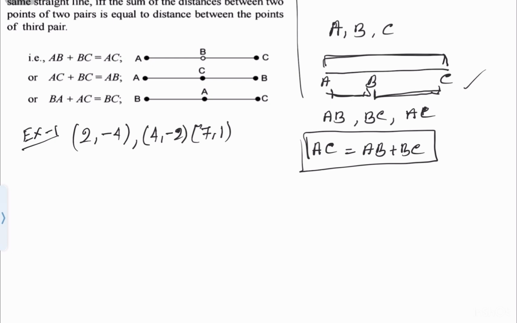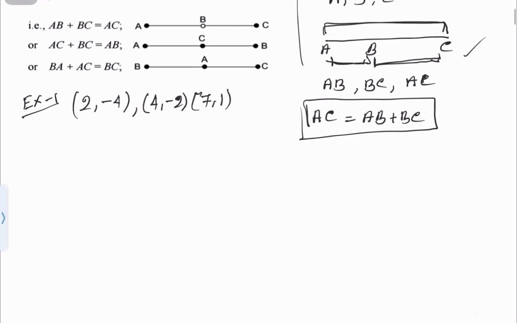If these 3 points are making a straight line, lying in a single line, then assume this is A, 2 comma minus 4, B is 4 comma minus 2, and C is 7 comma 1.